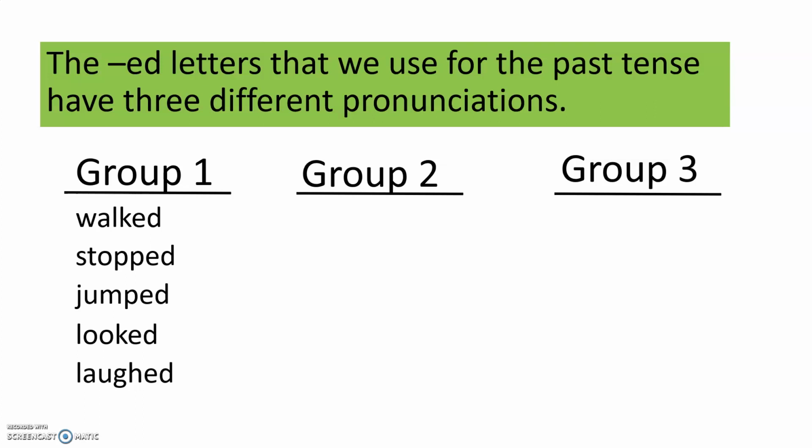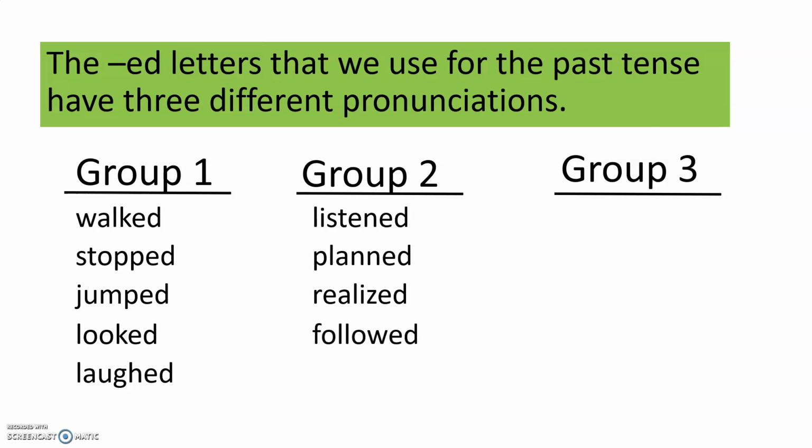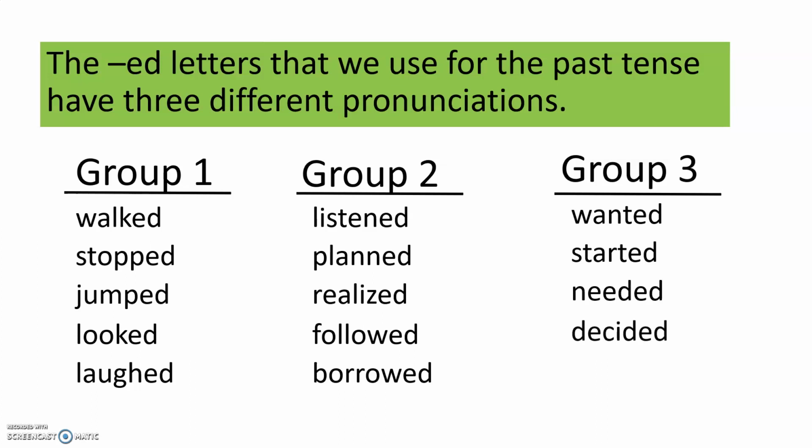So all of those words are kind of similar. And group 2: listened, planned, realized, followed, borrowed. So group 2 is a little bit different than group 1. And then group 3: wanted, started, needed, decided, and polluted.